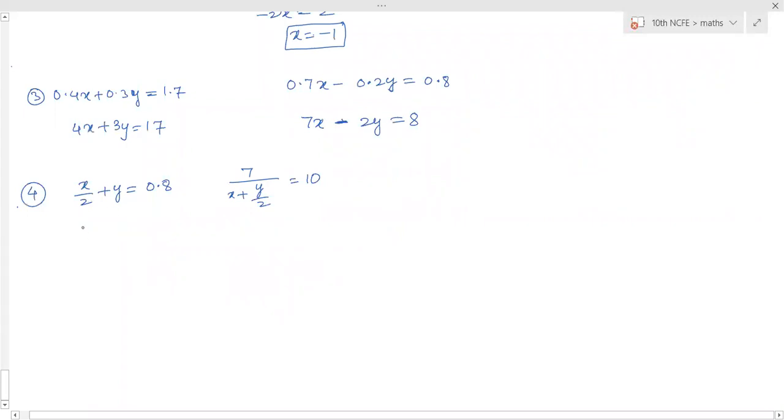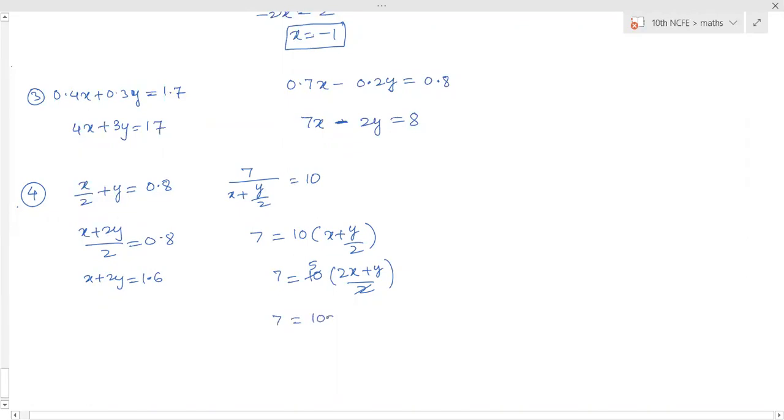So here multiply, take LCM. x plus 2y by 2 is equal to 0.8. x plus 2y is equal to 1.6. Now here 7 is equal to 10 into 2x plus y by 2, 2 5s is 7. So 7 is equal to 10x plus 5y.